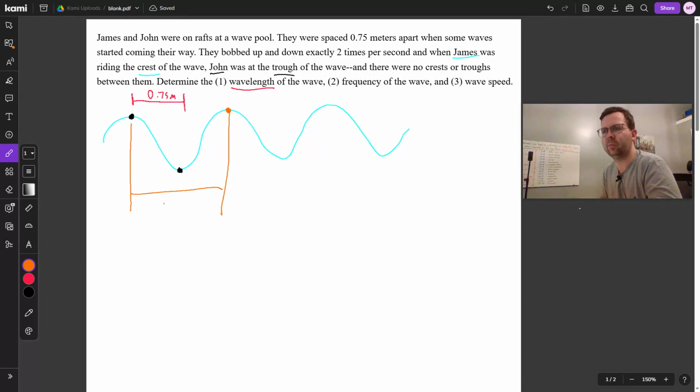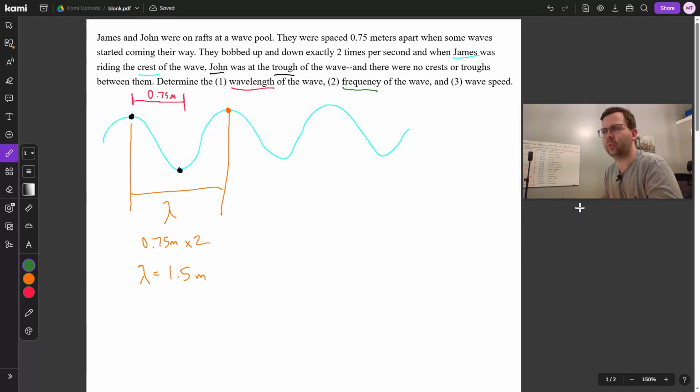So the wavelength is going to be 0.75 meters times 2, because it's 2 of these segments. So the wavelength is going to be 1.5 meters. So we've solved the first problem.